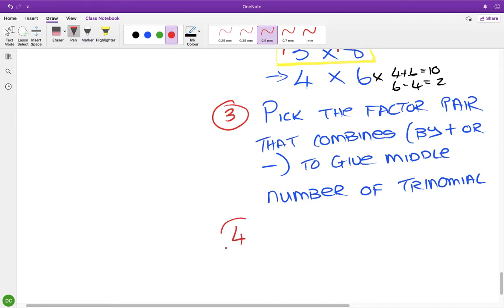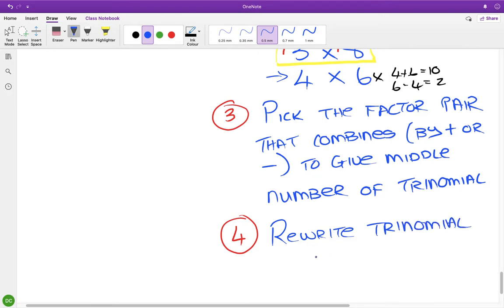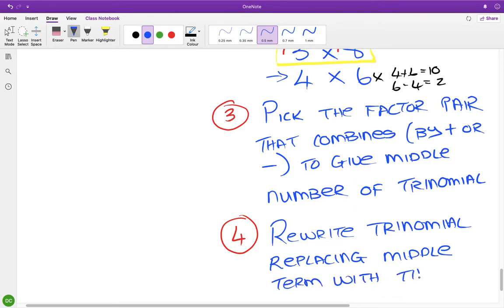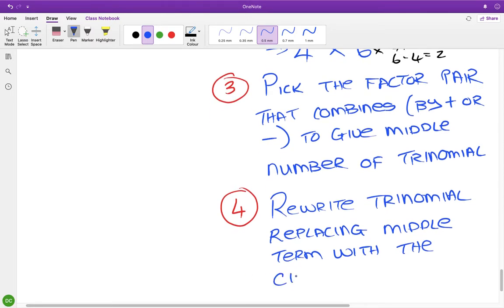So step 4 is to rewrite the trinomial, replacing the middle term with the chosen factor pair.